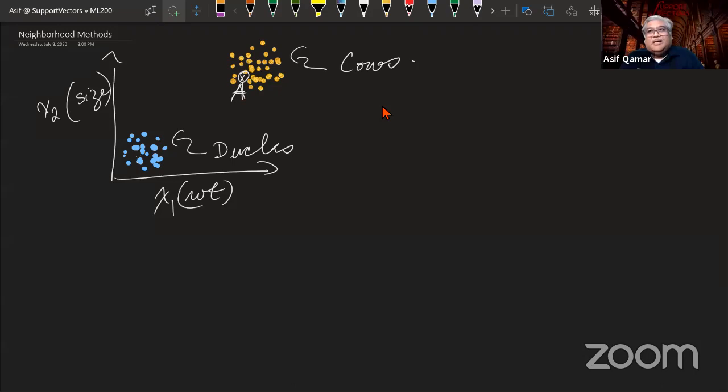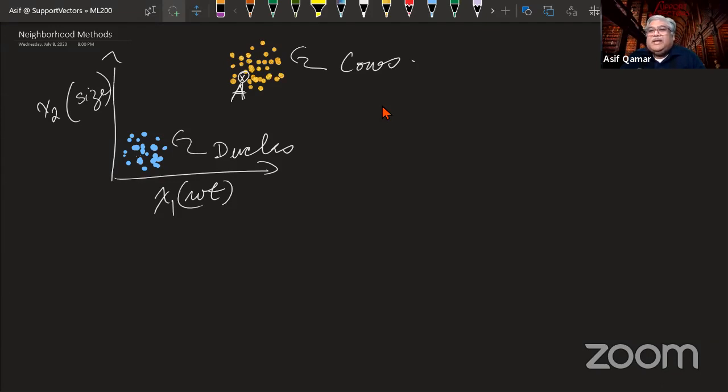A point at A is an animal which is big and heavy. Would you guess it's a cow or a duck? Cow. Good. So it is a cow.